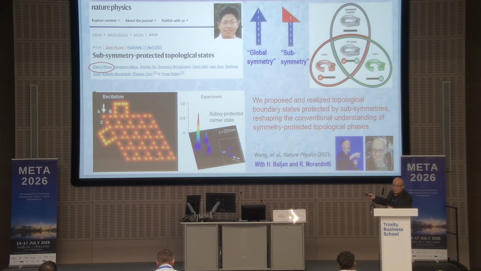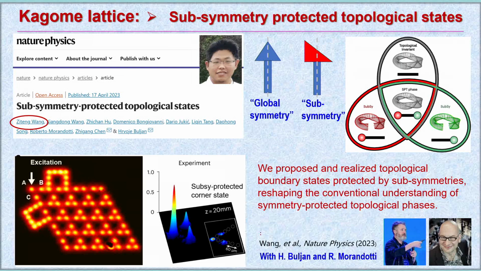Then the A side, the corner side, is the one you excite for the corner state, right? But we also use an additional bridge here. This bridge introduces long-range coupling on this side. So when you have the subsymmetry, the state is pinned at the corner, protected. Even if you move this bridge closer, light will not go through it. Okay?